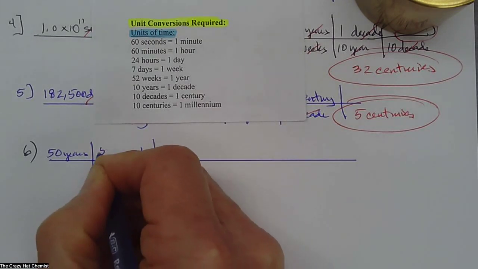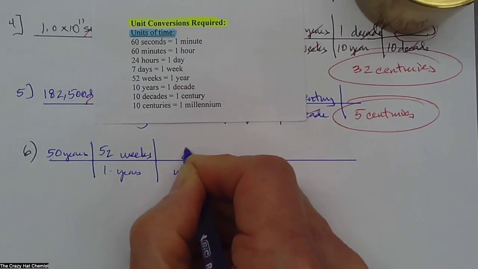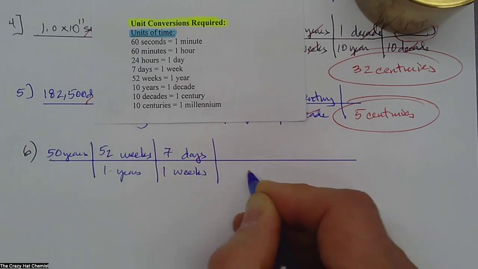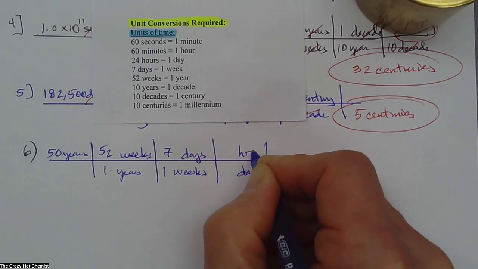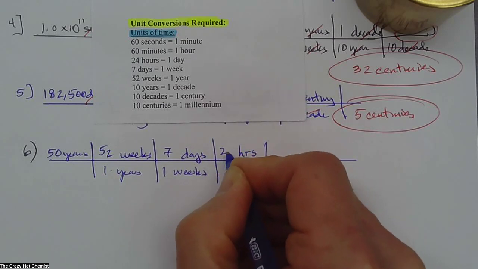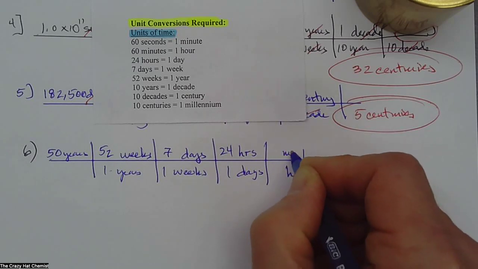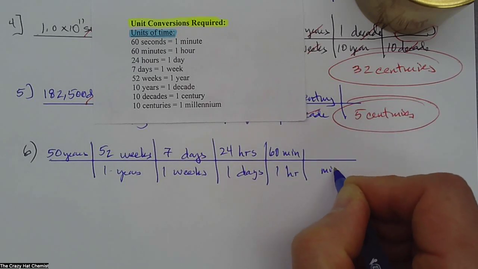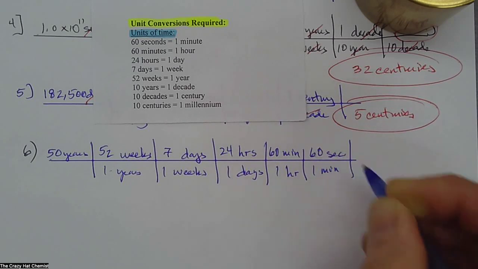So 1 year, 52 weeks, then weeks and days. 1 week, and there are 7 days. Days to hours. 1 day, 24 hours. Hours to minutes. 1 hour, 60 minutes, and then minutes to finally seconds. And 1 minute is 60 seconds.